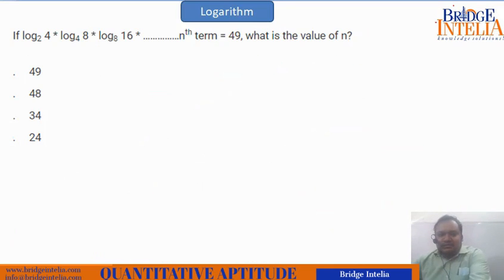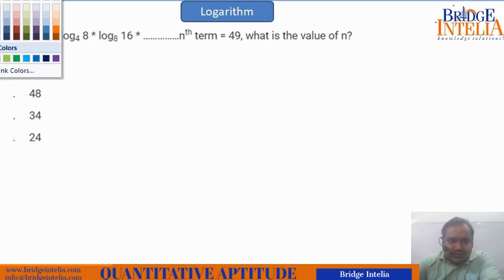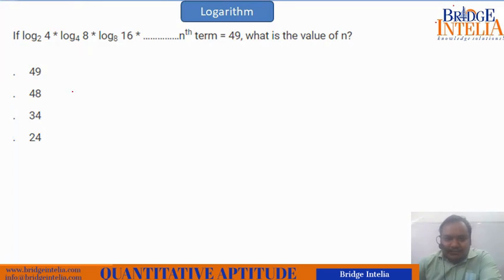Now this is a very good question, but you need to be a bit careful while solving such questions. So let's see. So log 4 to the base a. Here see, neither the numbers nor the bases are same. So how to solve this? So you can simply break each term in fractional form.